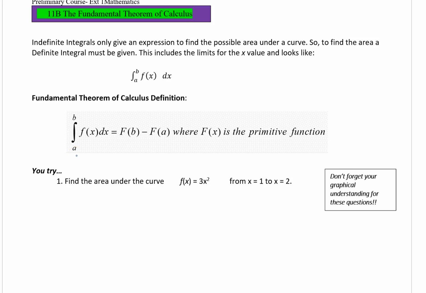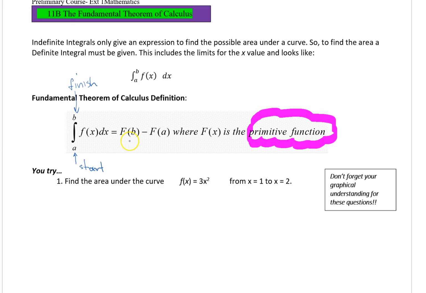So according to the fundamental theorem, if we want to find the integral from A, this is where we will start, and B is where we finish. We want to find the integral from A to B of a function. Then we must find the primitive function, as it says here, the primitive of our f of x.